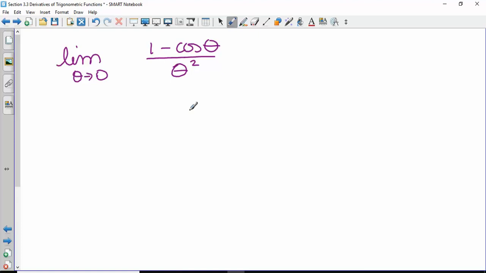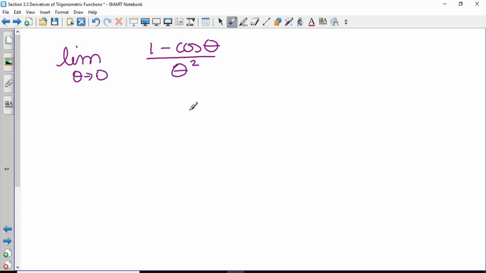All right. Any brilliant ideas here? We've been trying to use the sine theta over theta. I don't really have anything with cosine.